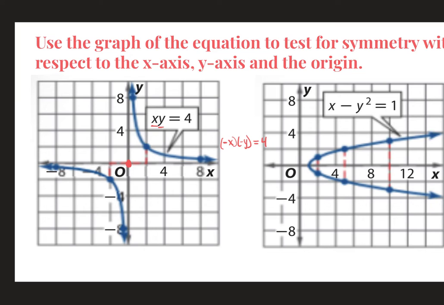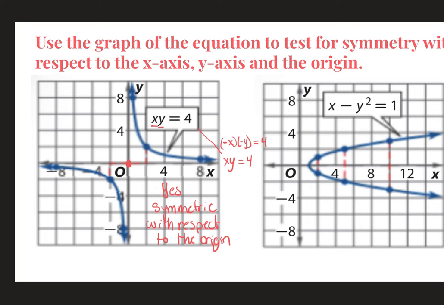So a negative and a negative will give me a positive. So x and y will give me the same output, same equivalent equation. So yes, this is symmetric with respect to the origin.